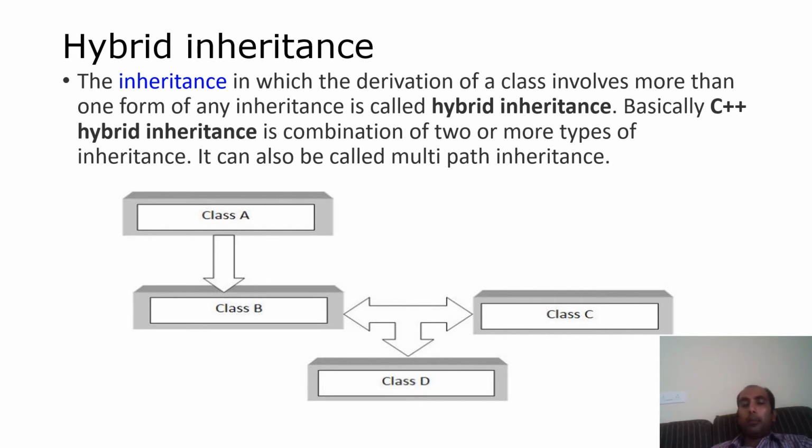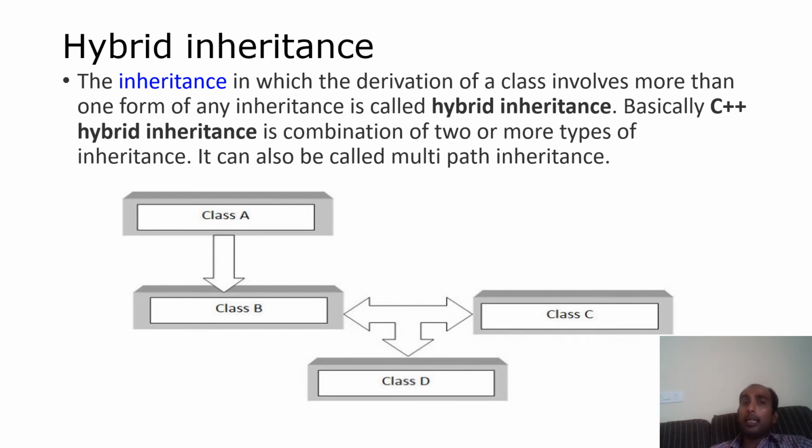What is the meaning of hybrid? Look, hybrid has no particular definition. When you are going to combine two or more kinds of inheritance to solve a particular problem, any two or more kinds of inheritance to solve a single problem is known as hybrid inheritance.